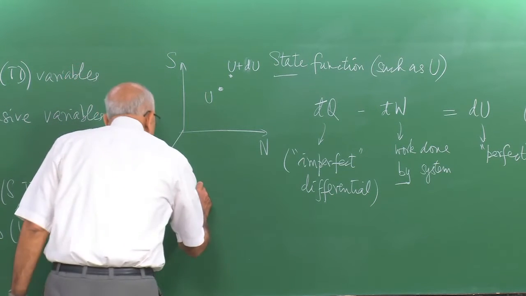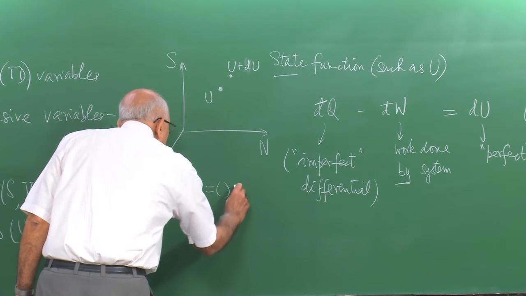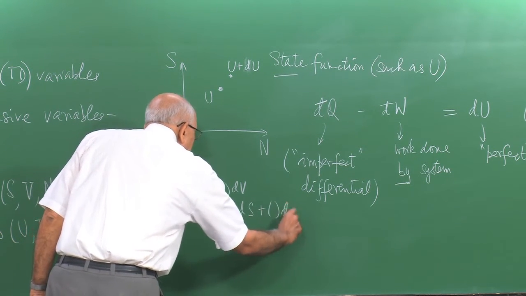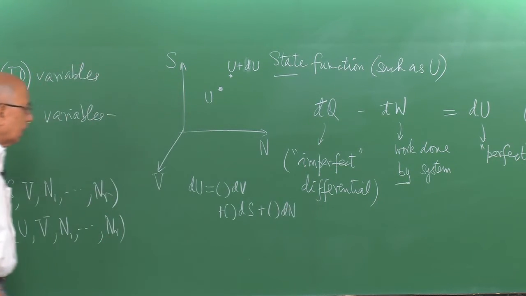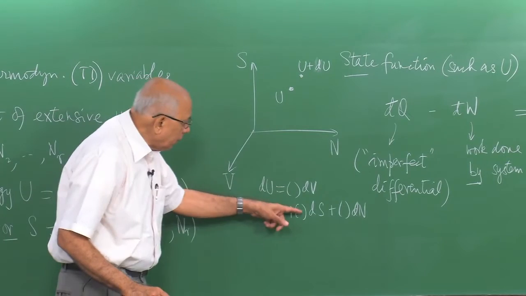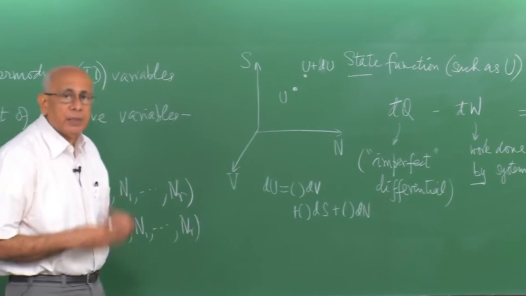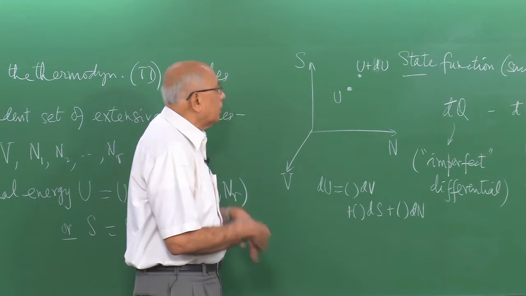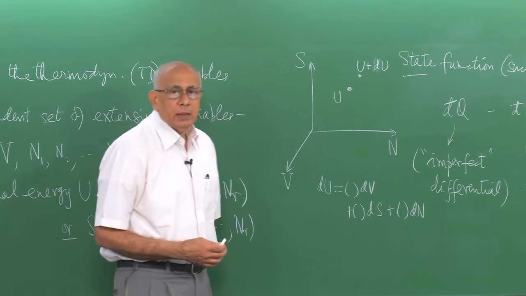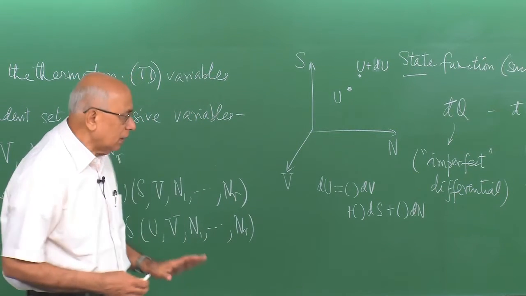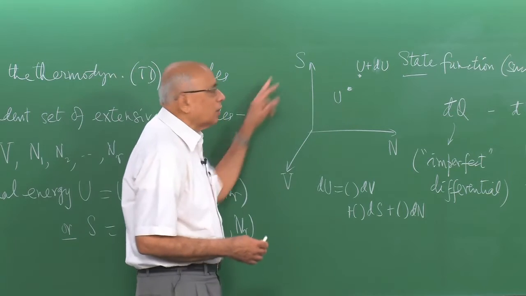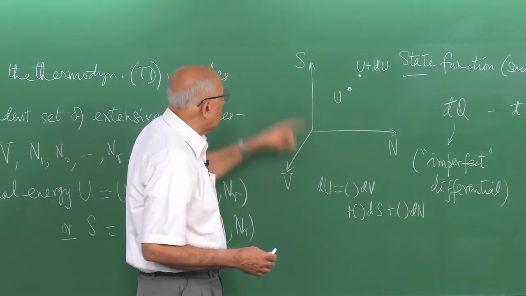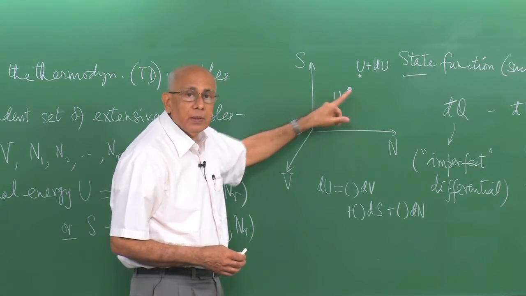So as long as you can write dU equal to something times dV plus something times dS plus something times dN in this picture, it is a perfect differential where these coefficients, these somethings, are nothing but the partial derivatives of U with respect to V, S, and N respectively, and they are themselves functions of S, V, and N. So a so called perfect differential is simply the statement that this is a nice function of these variables, and the value at this point depends on the value of S, V, and N at this point.